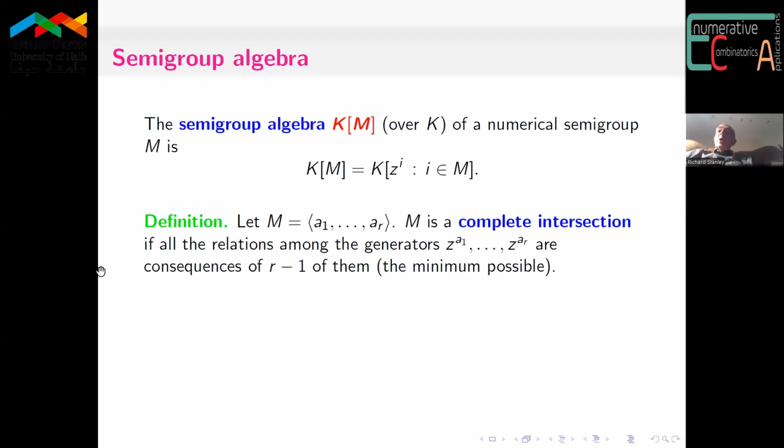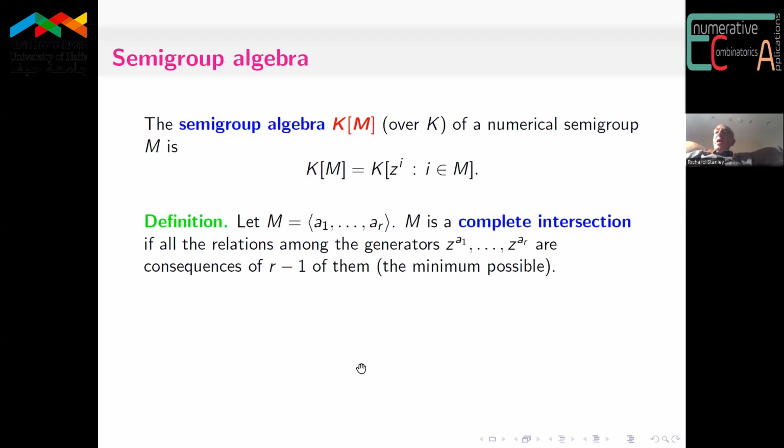So the semigroup algebra, which I denote by K[M] over a field K, of a numerical semigroup, we can just define to be the ring of polynomials generated by, or actually equal to, z to the i, for i in M. So all the polynomials over K whose terms z to the i satisfy that i is in M. If M is generated by a_1 up to a_r, then K[M] will be generated by z to the a_1 up to z to the a_r.